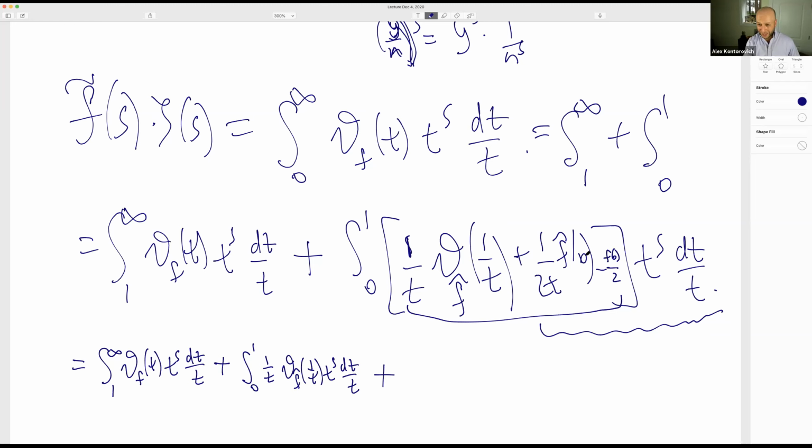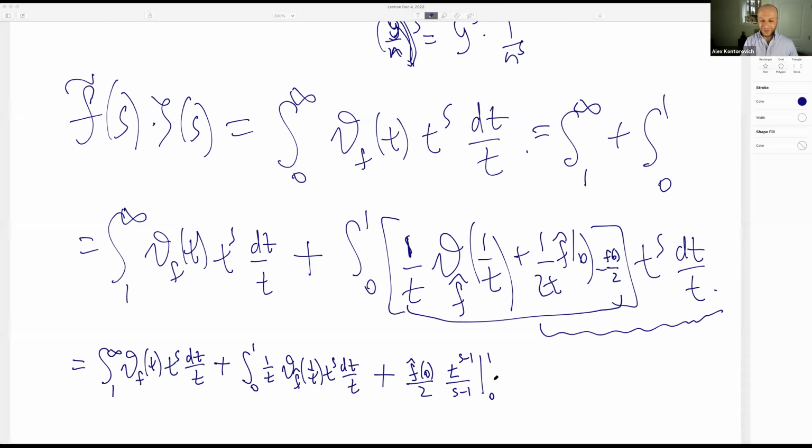Plus, now we can actually evaluate these integrals. There looks like there's an f hat of 0 over 2 times an integral of t to the s minus 1 minus 1. So t to the s minus 2 integrates to t to the s minus 1 over s minus 1, evaluated from 0 to 1.